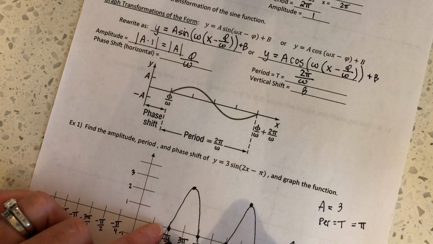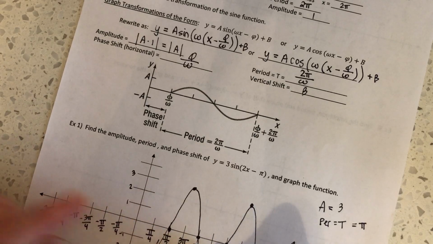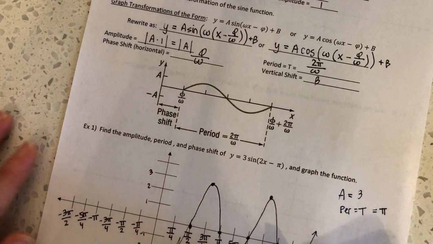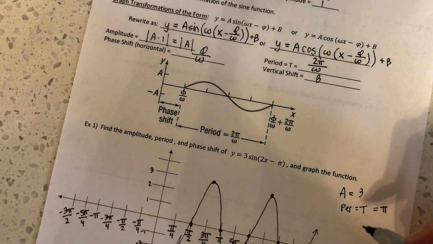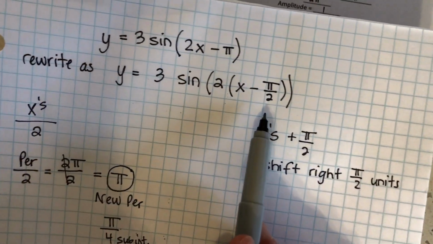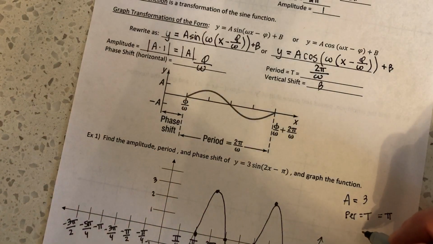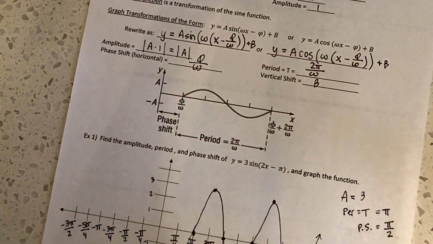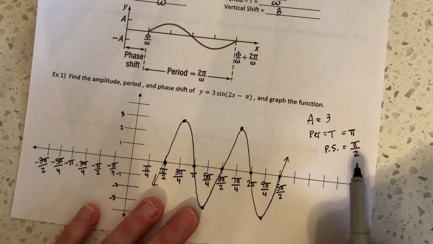That's a distance of 2 pi's over 2, which is pi units in between to cause one sine wave. All right, and then your phase shift is, where is it? Pi over 2 units. You are shifting to the right pi over 2 units.